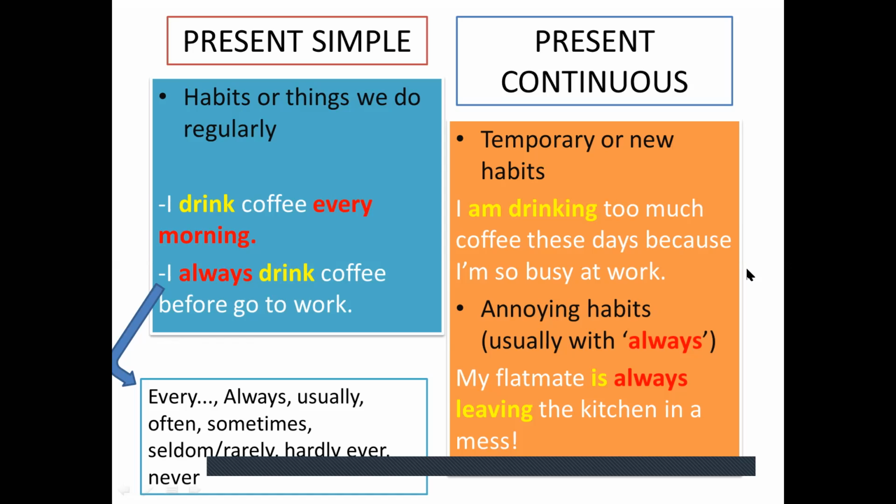So you use always. The comparison between always in the present simple and in the present continuous here: always in present simple indicates habits or things that we do regularly, but always in present continuous indicates an annoying habit.